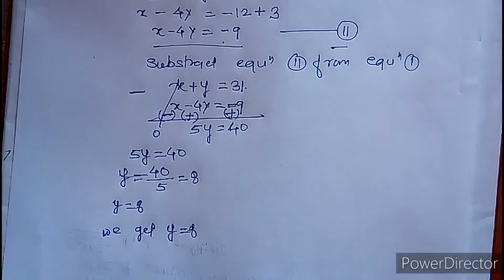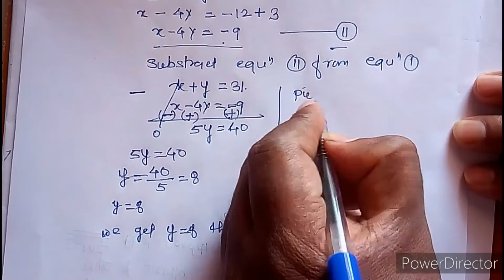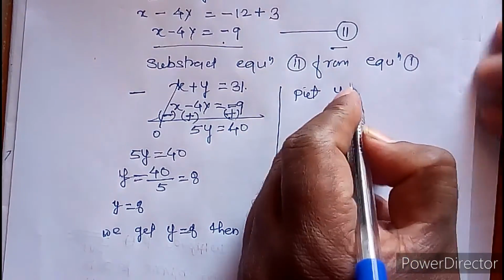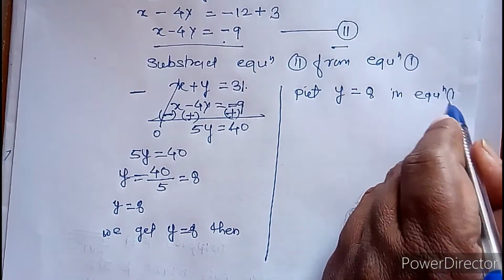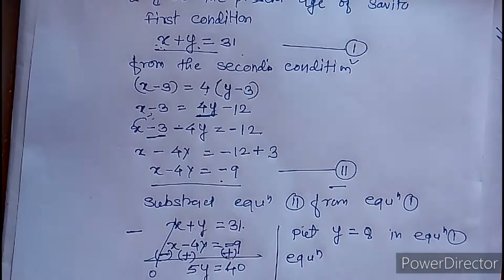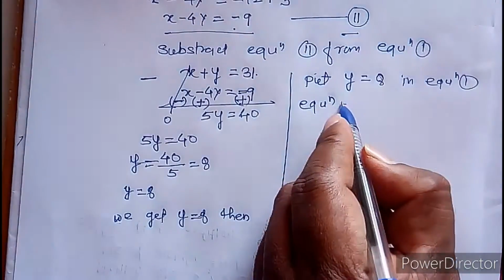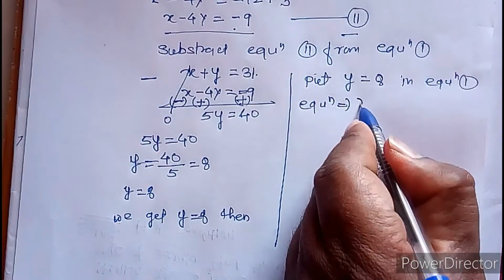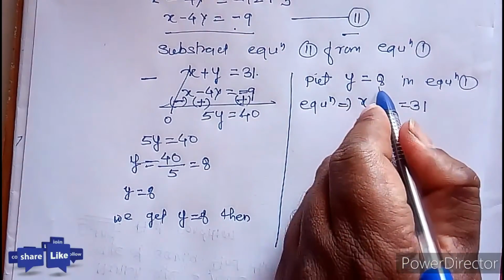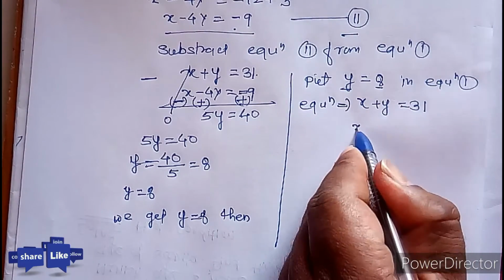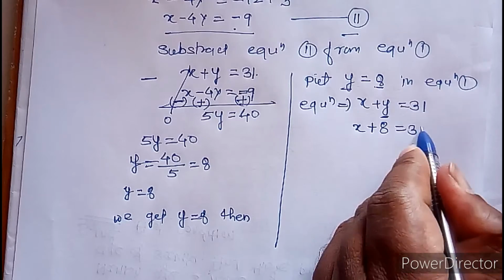Then put y equals 8 in equation 1, that is x plus y equals 31. Now the value of y is 8, so x plus 8 equals 31.